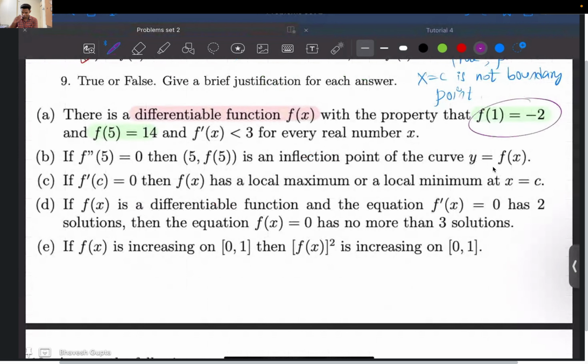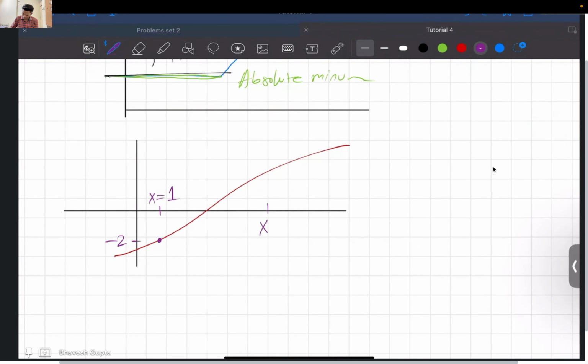But at x equal to 5, the function takes 14. So let's say this is x equal to 5 here, and we have this particular point here, 14, and the information told me that this function is differentiable. That means it must pass at least once through the x-axis. It must cut. That means there exists a root in between 1 and 5.